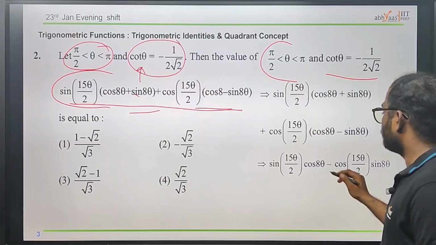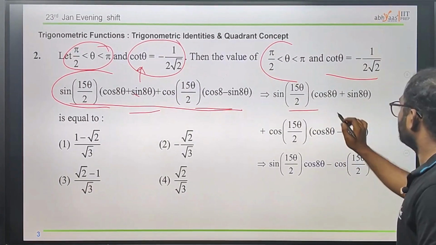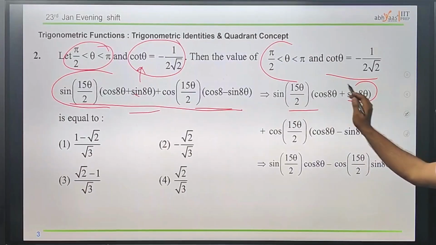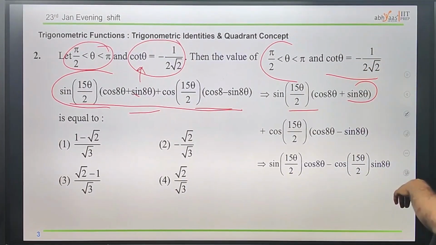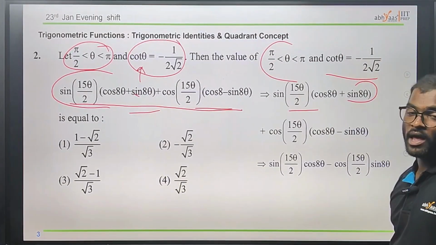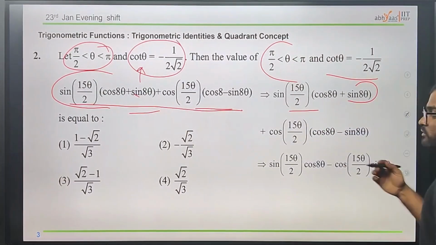In the first expression, we can write it by multiplying with this one and this one, sine 8 theta, just by using this. So sine theta by cos theta by sine theta. By the ratio, using the quadrant it belongs to, we can easily find the cos and sine.